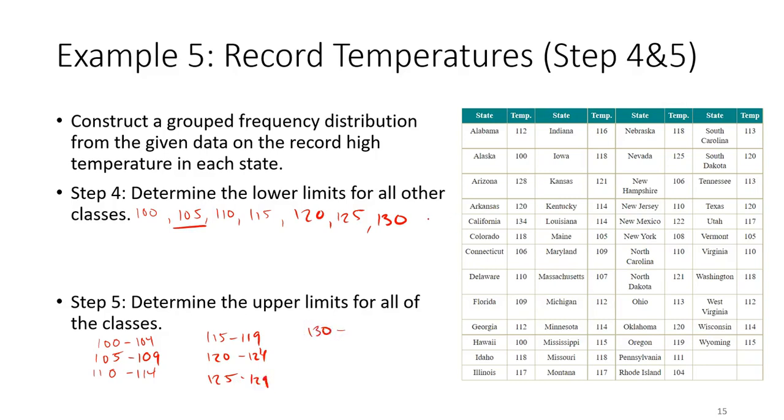And here we don't have 1 to subtract, but if we add 5 and then subtract 1, we get 134. So the smallest data value and the largest data value are represented. We have 7 classes, and they're all divided equally with a class width of 5.